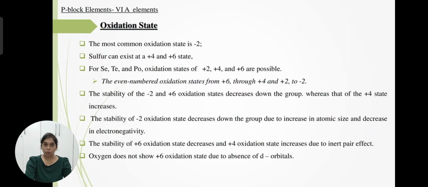Now next point is oxidation state. Okay, so if any element or atom donates electron, then it carries positive oxidation state. If any atom accepts electron, then it carries negative oxidation state. So in case of oxygen family, the most common oxidation state is -2.